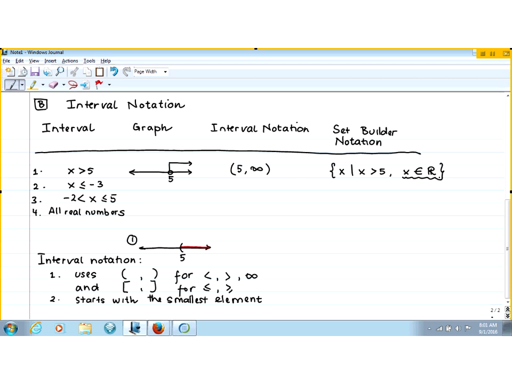If we don't write it, we assume x is an element of real numbers. So sometimes you just write it like this, x such that x is greater than 5. And we don't include x is an element of real numbers, so we just assume it's all real numbers. All right, what about number 2? What should we do here?